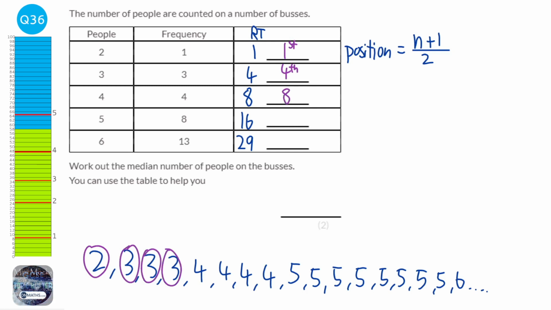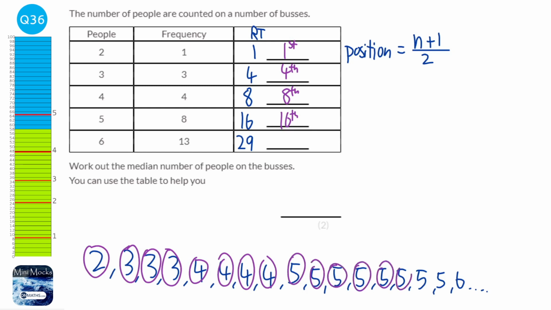This 8 shows us the 8th number is the last number that's a 4, let's check that. So 4, 5, 6, 7, 8. This 16 shows us the 16th number is the last number that's a 5. So 9, 10, 11, 12, 13, 14, 15, 16. And this 29 here shows us that the 29th number is the last number that's a 6.